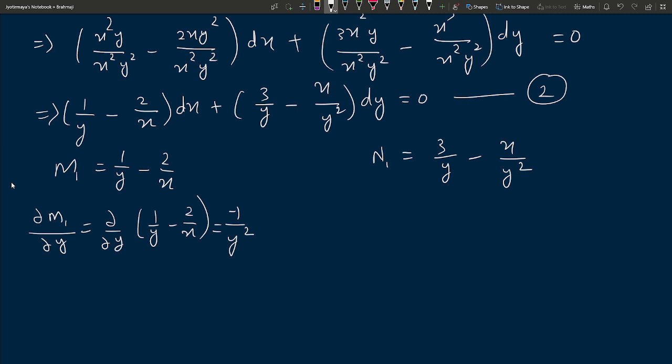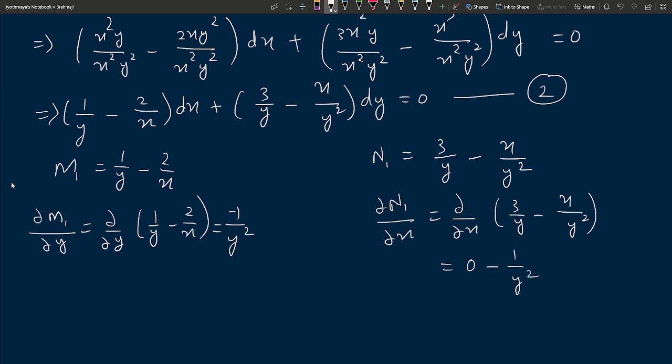2 by x is constant, so its derivative is 0. Similarly del N1 by del x, del by del x of 3 by y minus x by y square. With respect to x, y is constant, so 3 by y is constant and its derivative is 0. 1 by y square is constant, and the derivative of x is 1, so this is also minus 1 by y square.